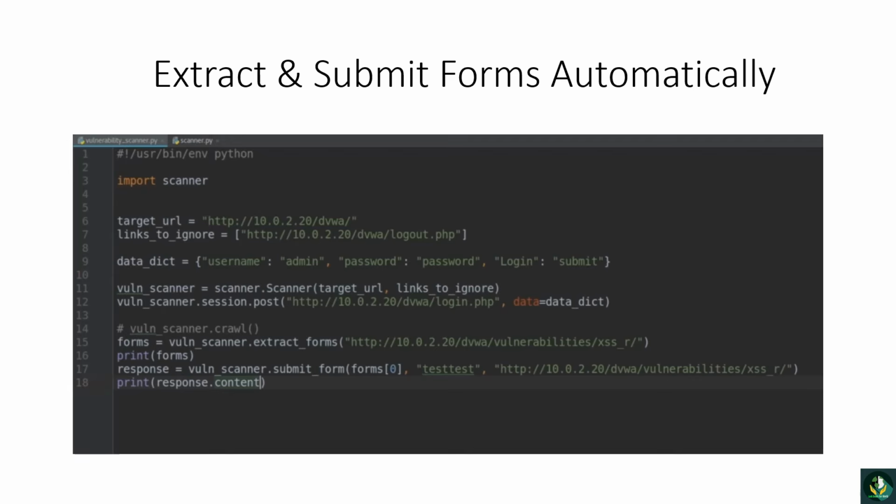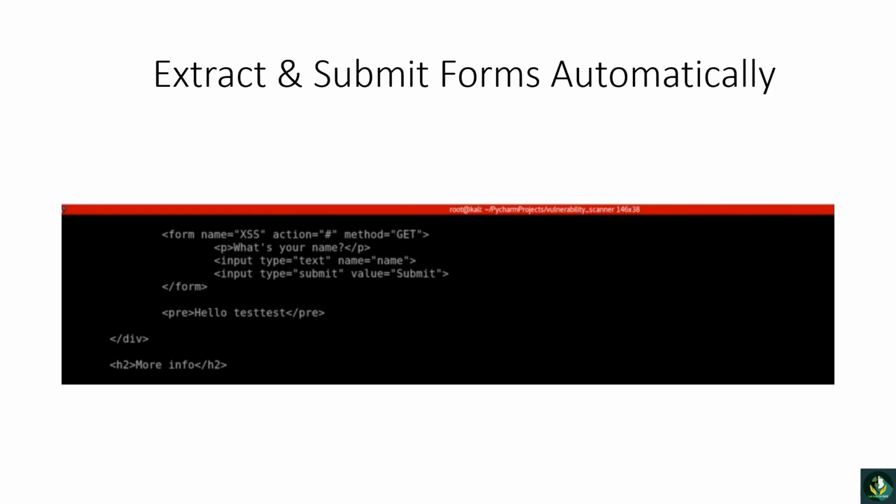Now this is a very rough test, and we are actually going to use this method later to discover or exploit the vulnerabilities. Now I'm just making sure that this method that I just built is working. So just run this, and as you can see, this will print the submit test. As you can see, hello test in here.